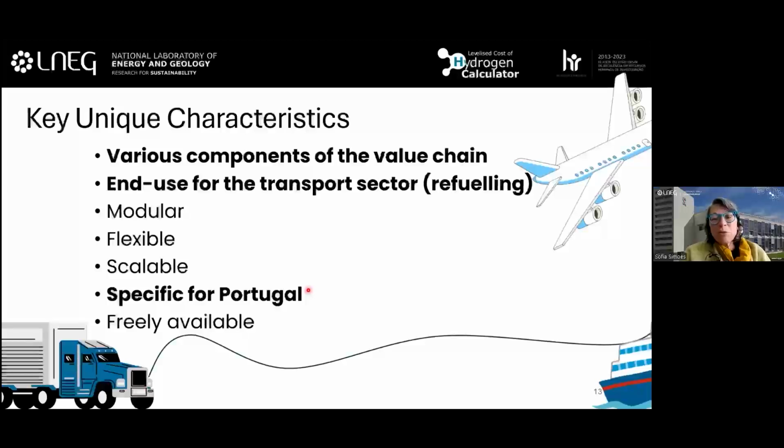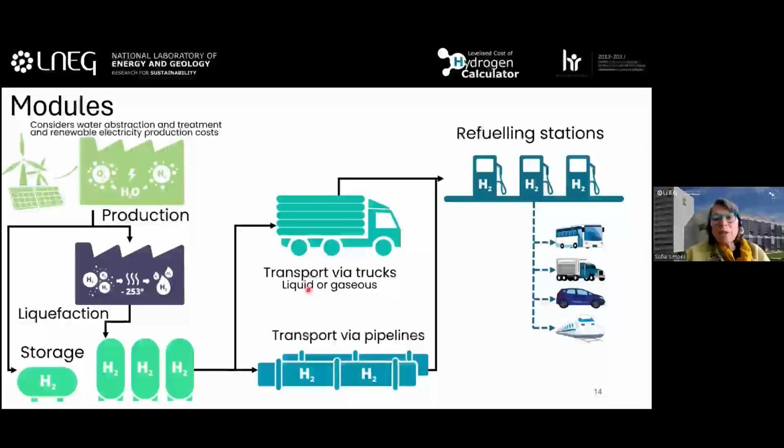So if you move to the next slide, this is what we mean by the hydrogen value chain. You see it starts there on the upper left corner. We have renewable electricity, which is wind and solar. We also have offshore wind in the tool, if I'm not mistaken. This electricity can supply electrolyzers.